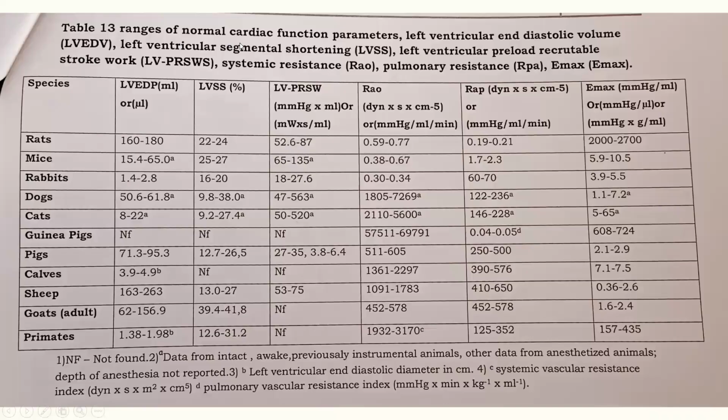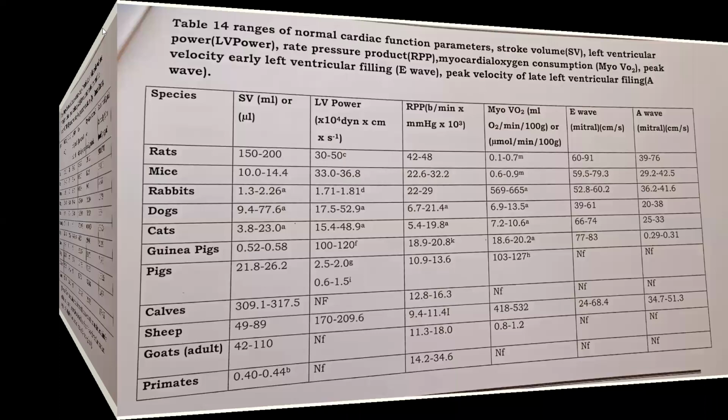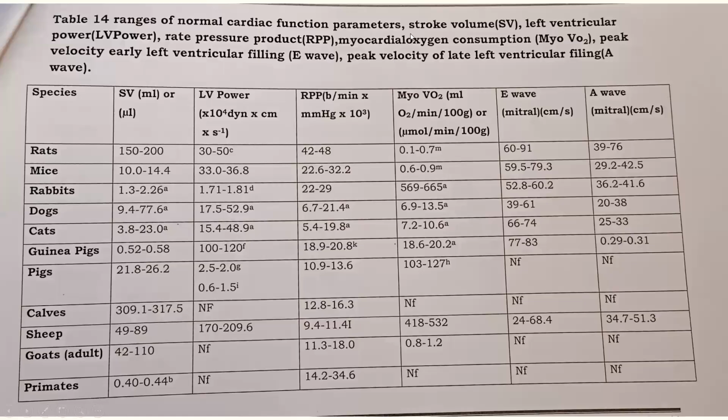Then these are the ranges of normal cardiac function parameters. Again, for the cardiovascular study, it is given. Again, the same, that is stroke volume, left ventricular power, rate pressure product. All these things are given, which is helpful for cardiovascular studies.